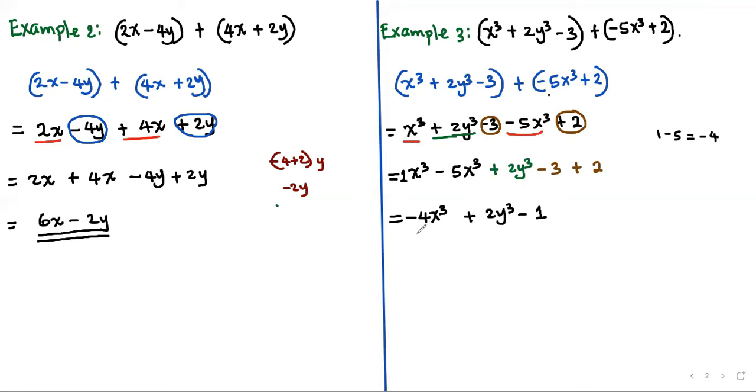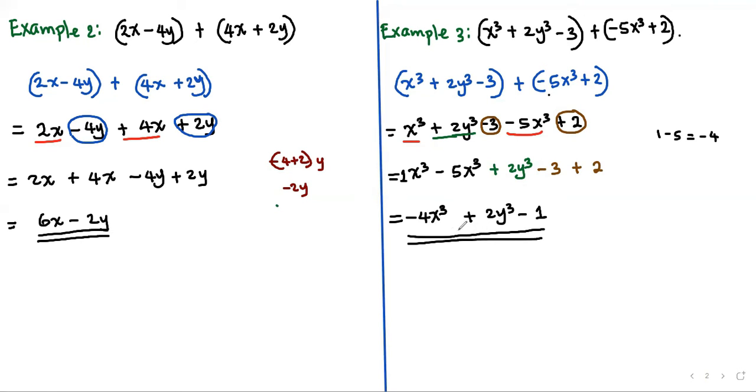So why this is our final answer, you can see that these are unlike monomials. Look at this monomial, minus 4x cubed, and look at this monomial, 2y cubed. You see that the variables are not the same, and since they are not the same, we cannot put them together to get a single monomial.